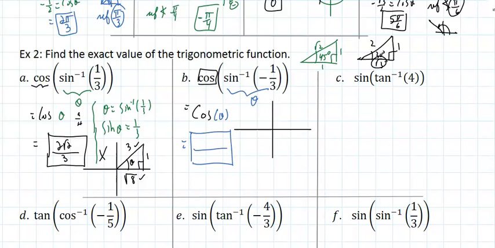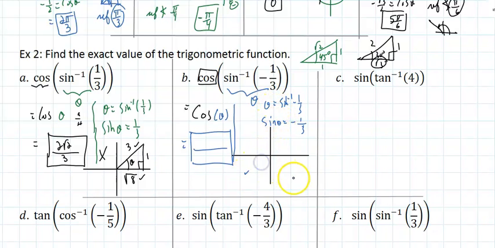Let me go ahead and write that out. If theta equal the inverse sine of negative 1/3, that means the sine of theta equal negative 1/3. Which quadrant am I in? Well, sine is negative in quadrant 3 or 4, but since this is an inverse, you're only allowed to be in quadrant 1 or 4.